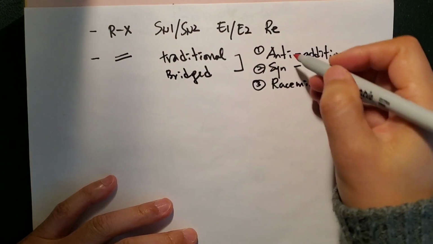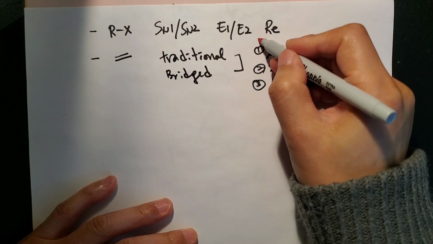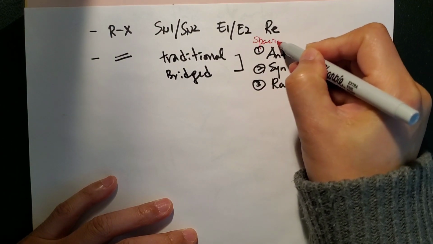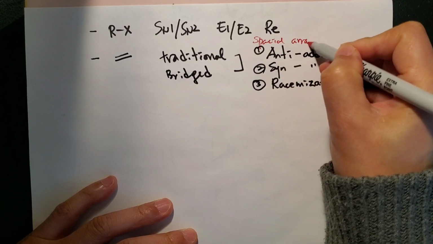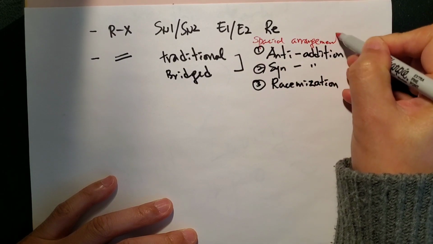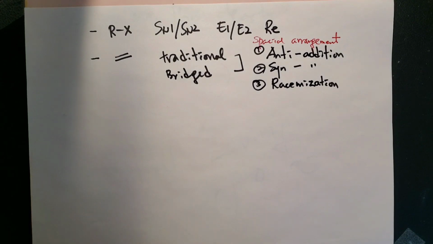So these are in terms of spatial arrangement, right? Whether the two groups are on the same side or opposite side, or both are possible, and so on.